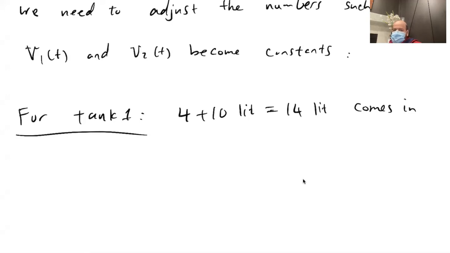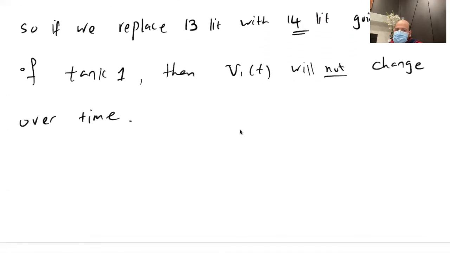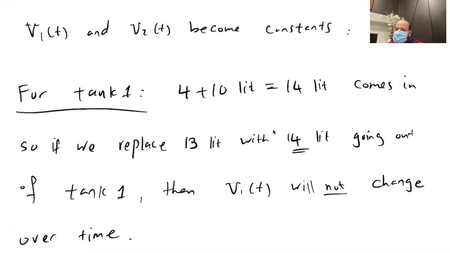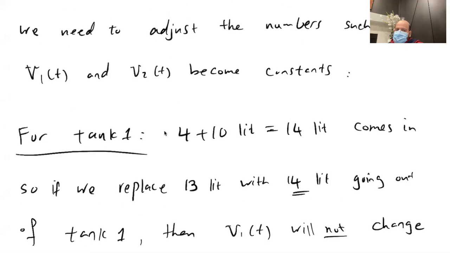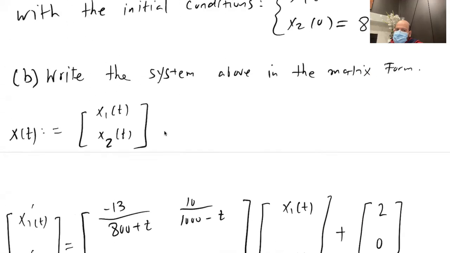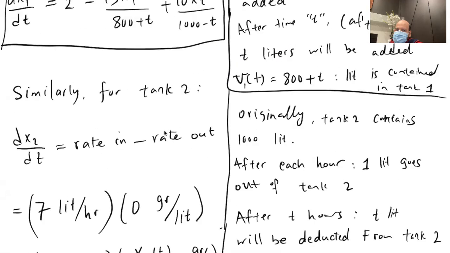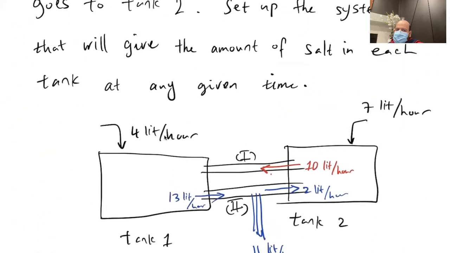Seems that my screen is frozen. So we were saying that 4 plus 10, 14 liters, come in. So if instead of this 13 liters that goes out, we have 14 liters that goes out, then 14 liters coming in, 14 liters going out.